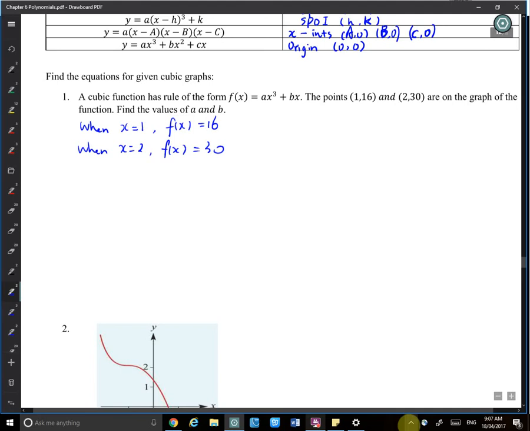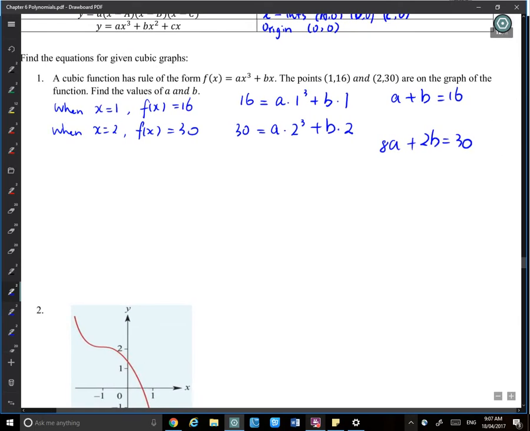So what you can do is 16 equals a times 1 cubed plus b times 1, and 30 equals a times 2 cubed plus b times 2. So you have a plus b equals 16, and 8a plus 2b equals 30.